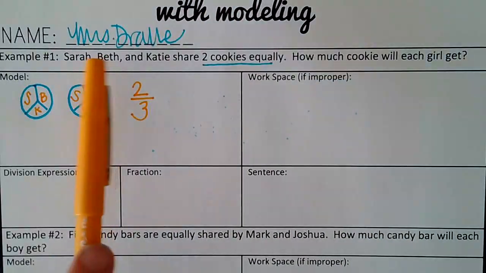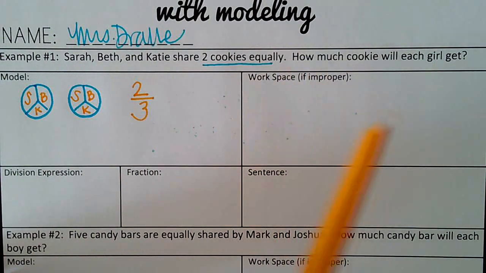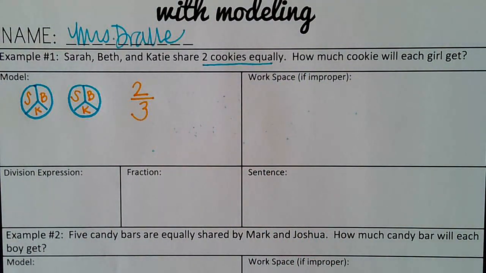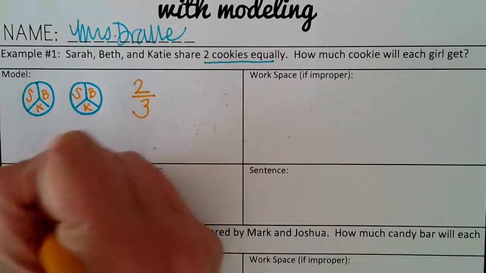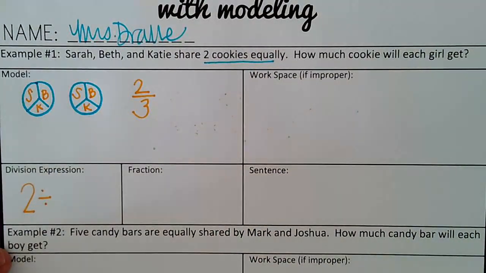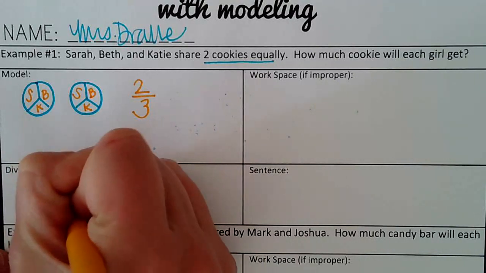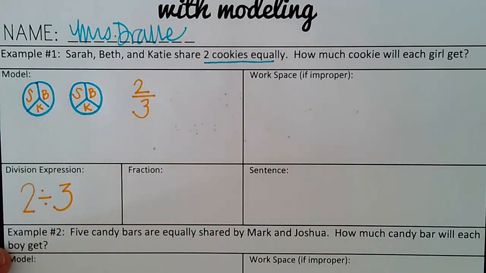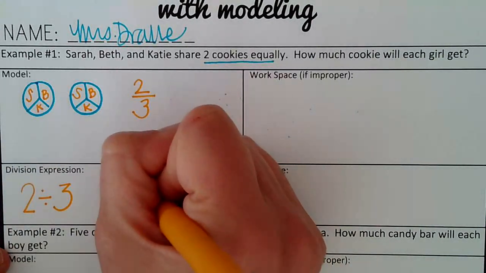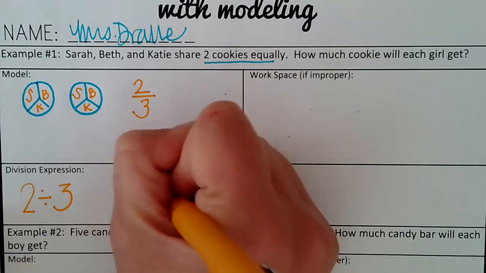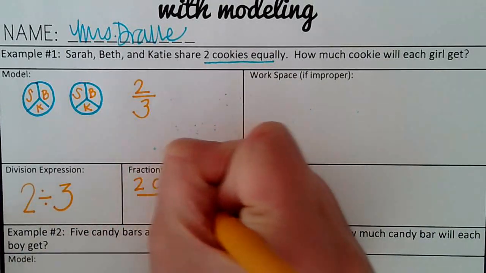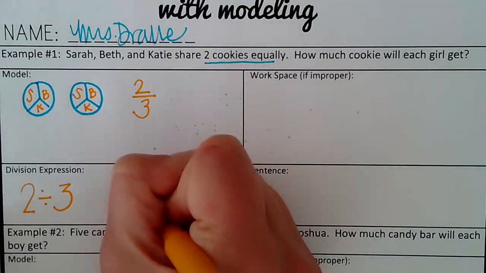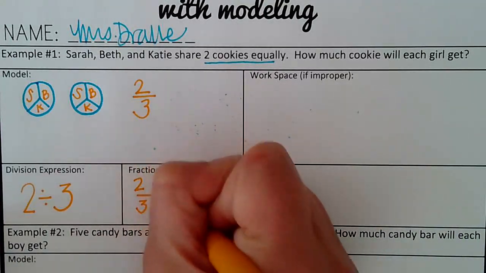Now, if we look up here at that equation, how we translate that into an equation, we would say, okay, 2 is being divided into 3 parts. We could write that as a fraction by saying 2 cookies divided by 3 people.